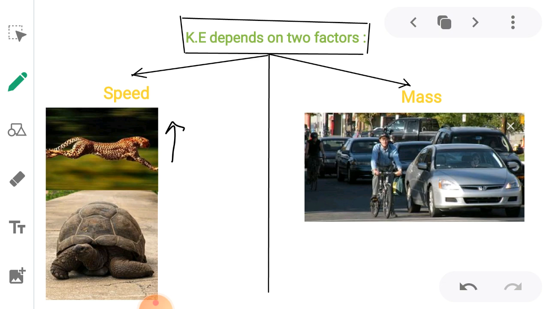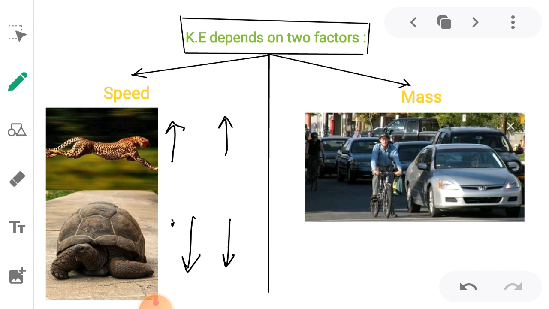It's much faster, so it contains more kinetic energy. The turtle is slow, so it contains less kinetic energy. So as you increase your speed, the kinetic energy increases. As you decrease your speed, the kinetic energy decreases.